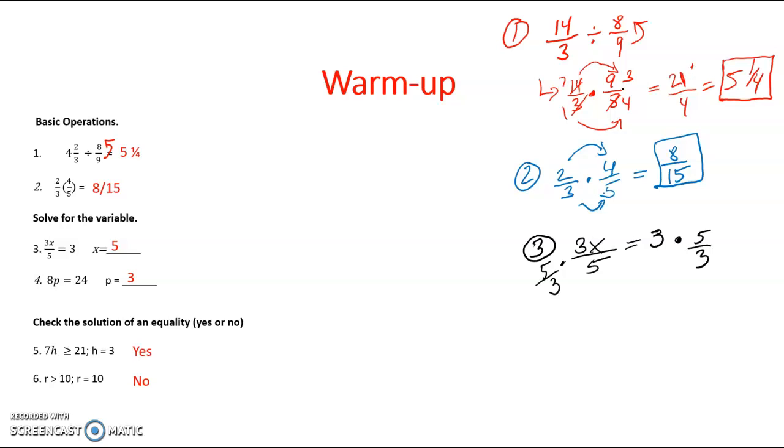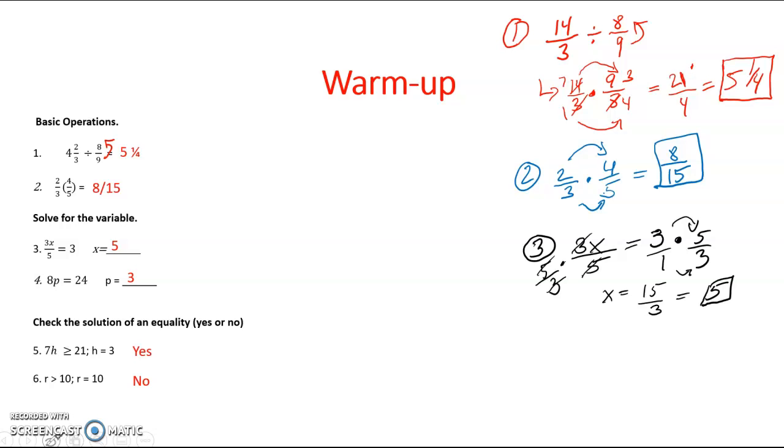So what happens, very similar to up here where we did the cross canceling, that's why this cancels out, because now I can cancel out 5, and then 3 and 3, and so I'm left with x equals, and 3 times 5 is 15, and then I can make that into a fraction. 1 times 3 is 3, so equals, and then I can simplify that. 15 divided by 3 equals 5.